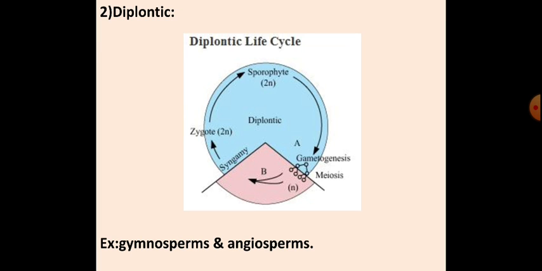The second one is the diplontic life cycle. In the diplontic life cycle, the sporophyte is the plant body. The diploid sporophyte is the dominant photosynthetic independent phase of the plant. The sporophyte is the plant body in the diplontic life cycle, that is in gymnosperms and angiosperms. What happens?